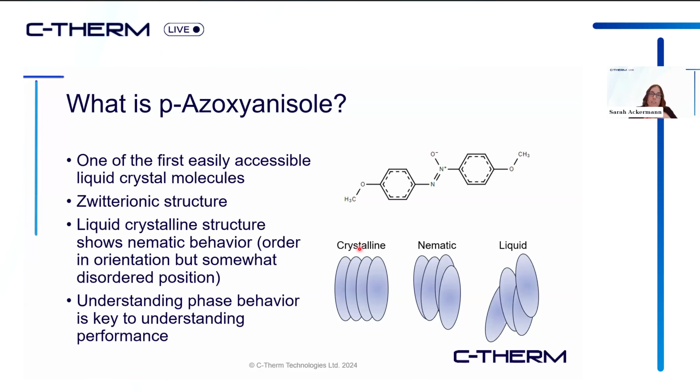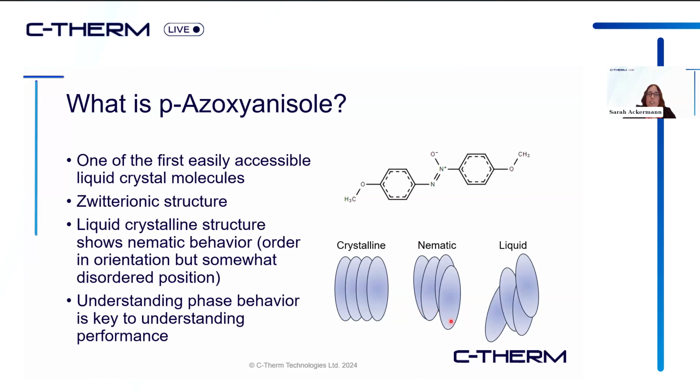So in a fully crystalline structure, all of the molecules are ordered both in orientation and position, kind of like in the drawing that I've labeled crystalline. In the case of nematic, there is imperfect order in orientation and somewhat disordered positioning.